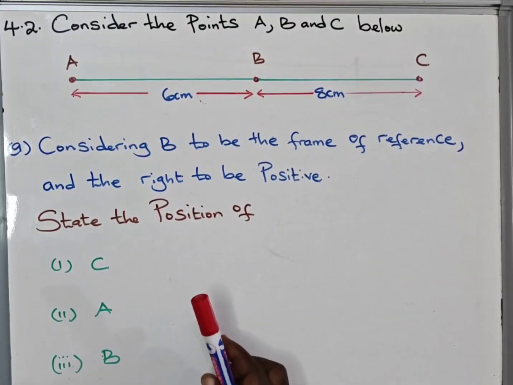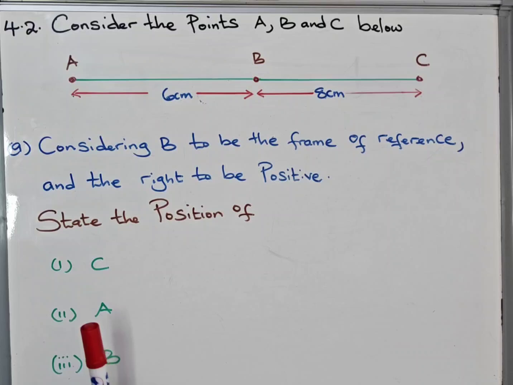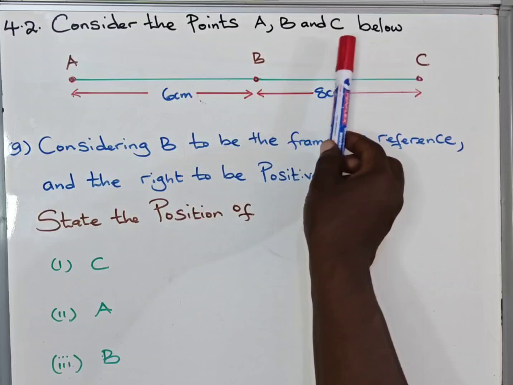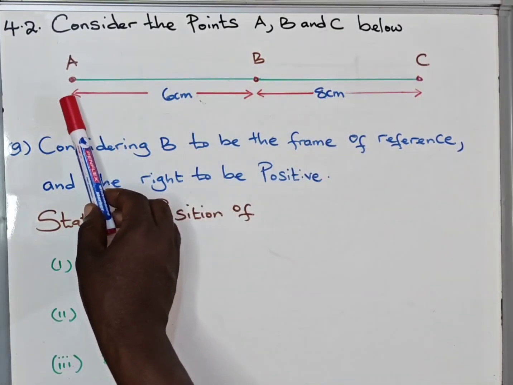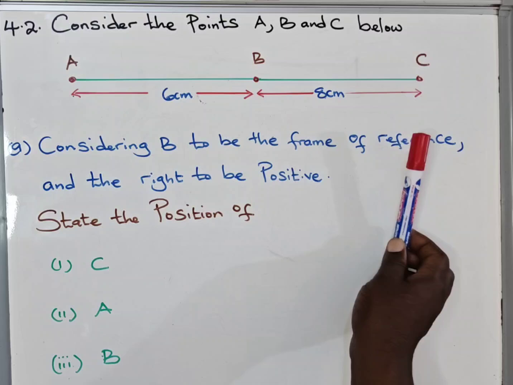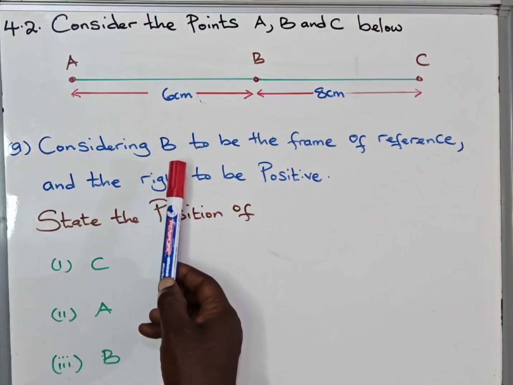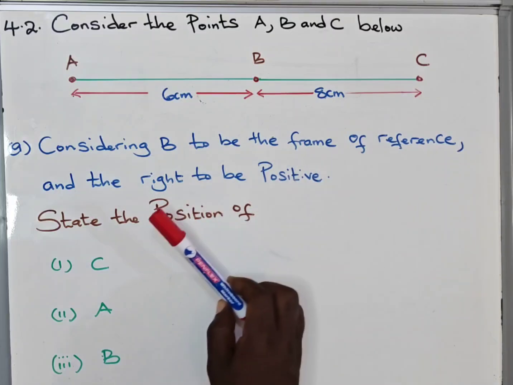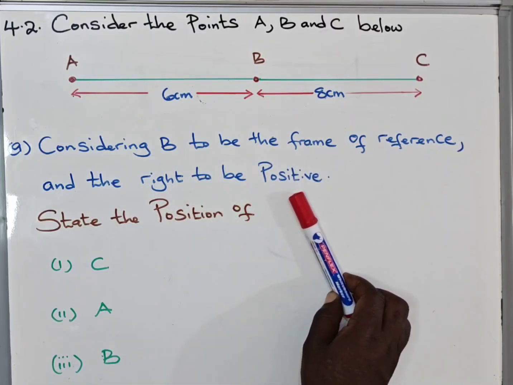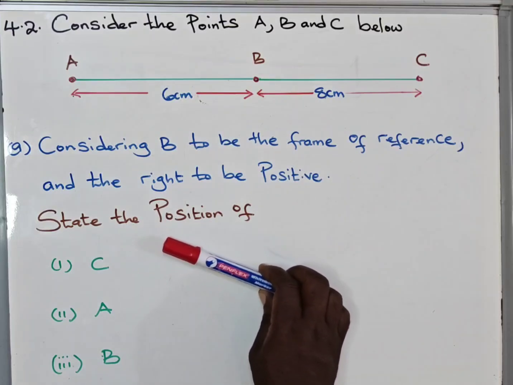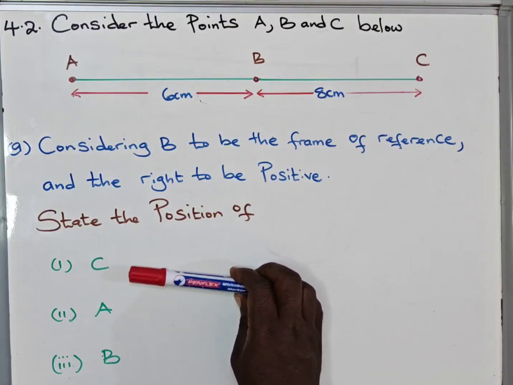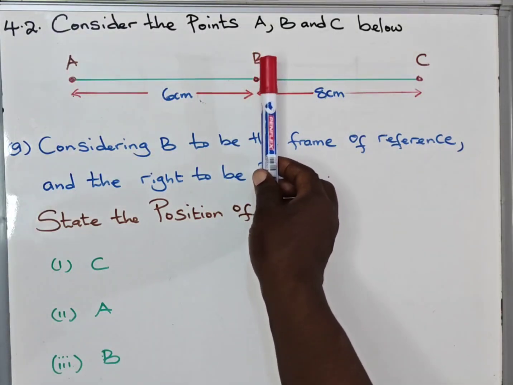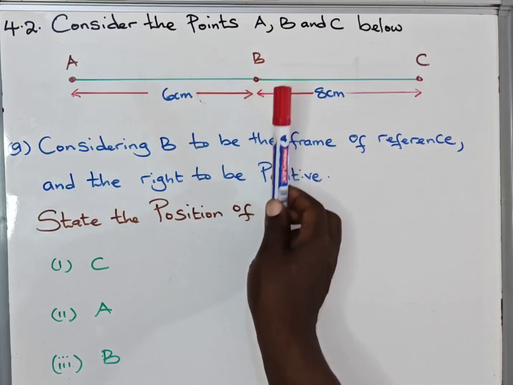Then we come to this case. It says, consider the points A, B, and C below. So these are the points. This is A, B, and C. And they say, considering B, which is this point, to be the frame of reference, and the right to be positive, state the position of C. So in this aspect, we have taken B to be the frame of reference, to be our 0, the starting point.